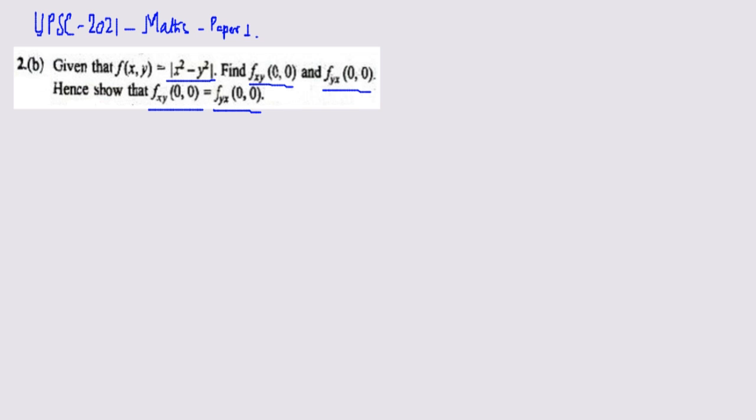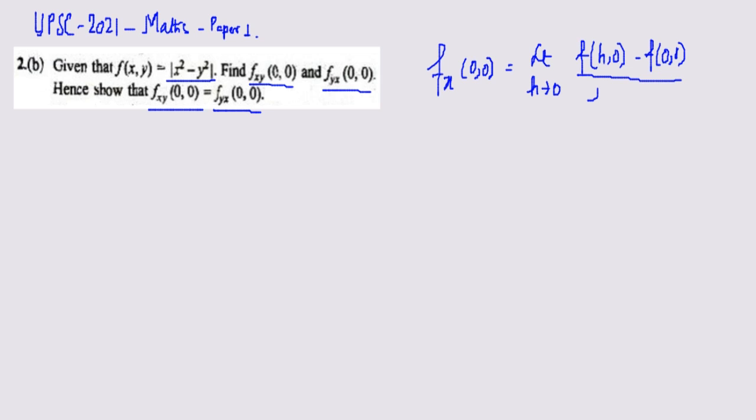We have f_x at (0,0) equal to the limit as h tends to 0 of [f(h,0) - f(0,0)]/h. That is the limit of |h²|/h. If we take the square out of the mod, it is |h| whole square by h, which is nothing but 0.